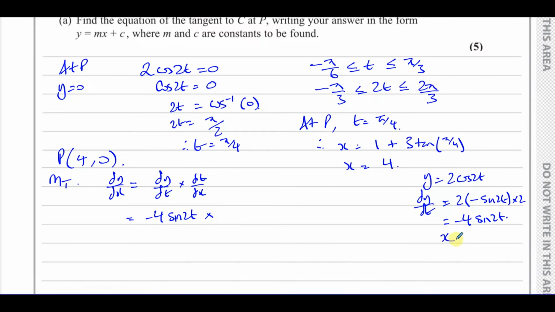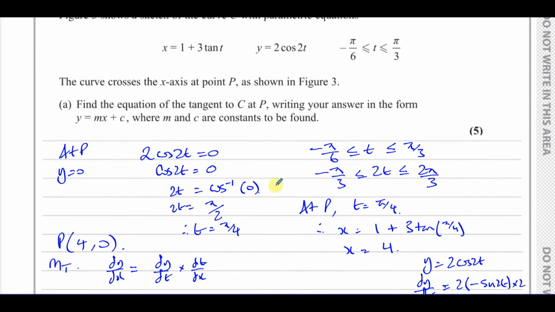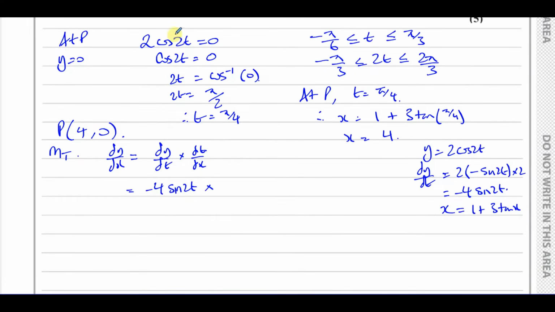So this is negative 4 sine of 2t times dt/dx. We have x equal to 1 plus 3 tan of t, not x, t. And we have to find dx/dt. So dx/dt, well, the 1 becomes 0, and tan t, when you differentiate, becomes secant squared t. So that's 3 times secant squared t, which is the same as 3 over cosine squared t.